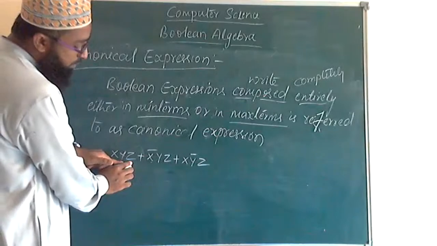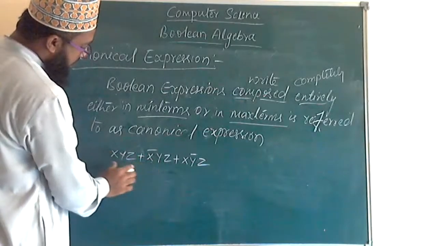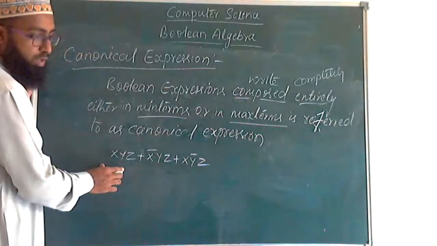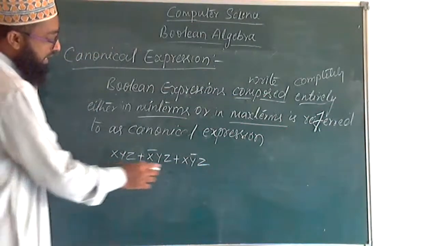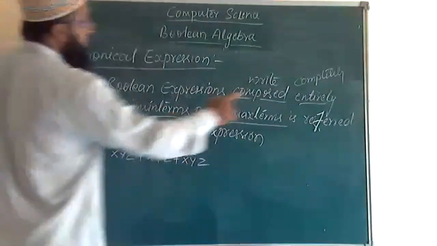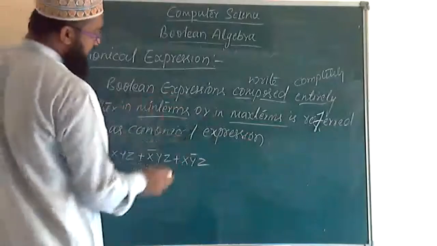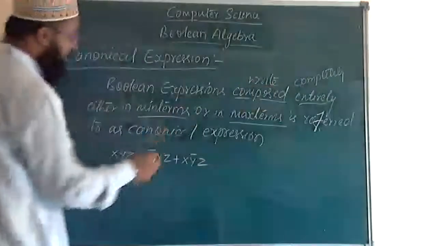This is called product. One product xyz, x bar yz and xy bar z, three are the different products. This is called the min terms, completely written in min terms. This is the expression that is completely written in min terms.